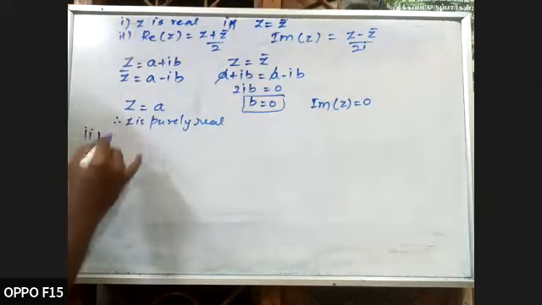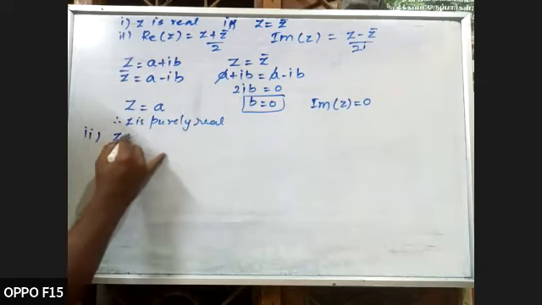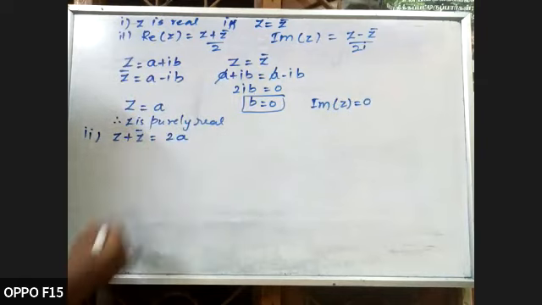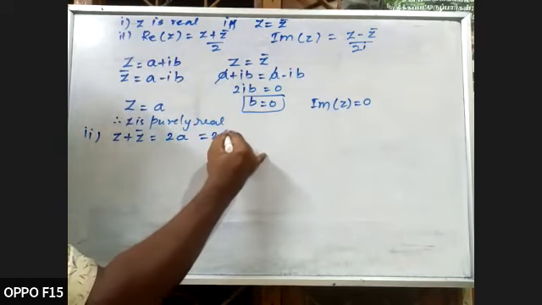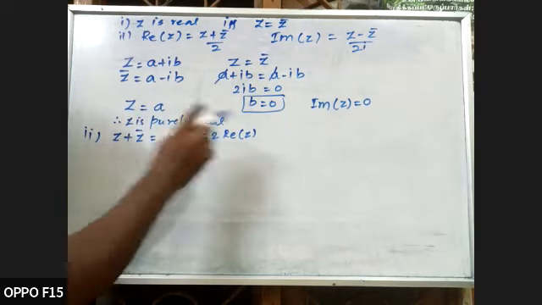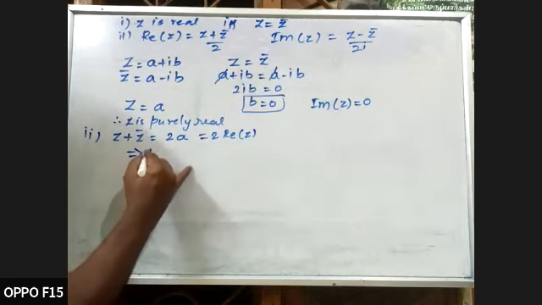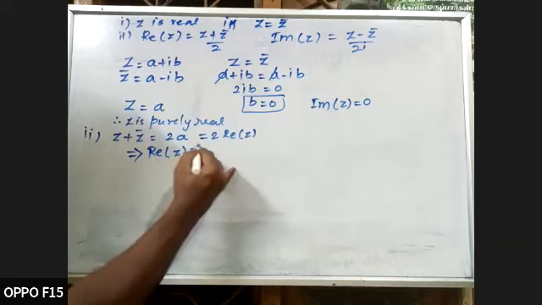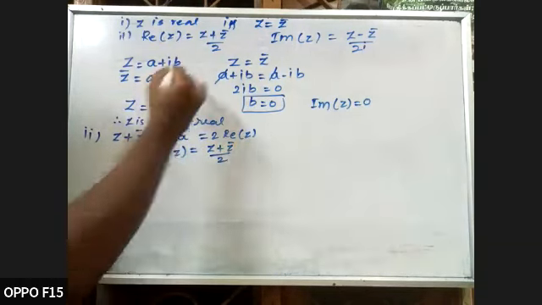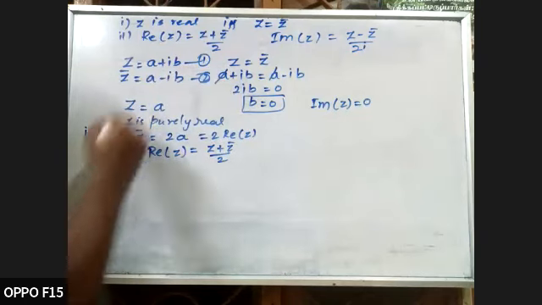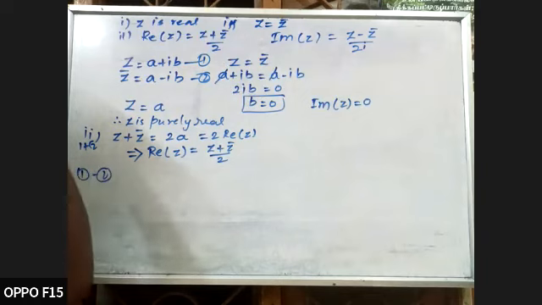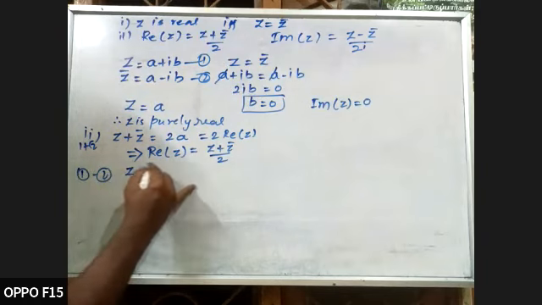Z plus Z conjugate. Add both, we will get 2a. This a is the real part of Z. Correct? So Z plus Z conjugate equals 2 times the real part, which implies real part of Z is equal to Z plus Z conjugate divided by 2. Suppose this is the first equation and this is the second equation. Now subtract: Z minus Z conjugate.